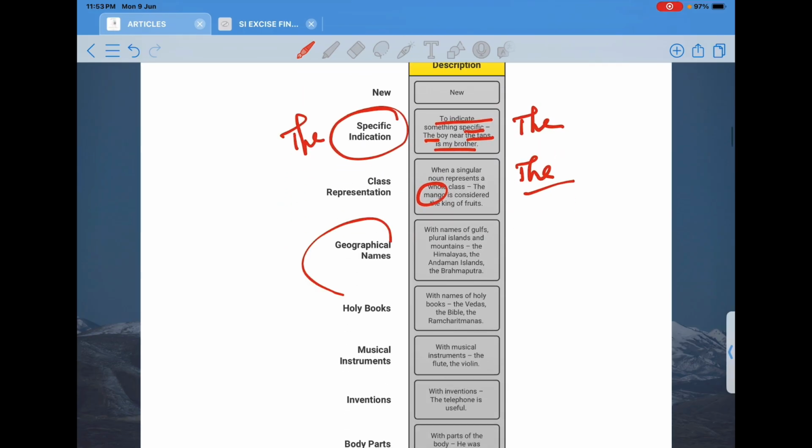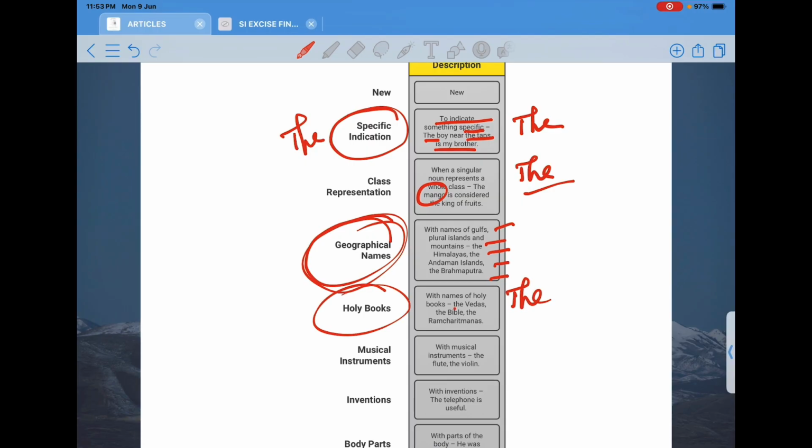Then geographical names, names of gulfs, rivers, mountains, islands, etc. Before any geographical name you will use "the". Next, holy books. Before names of holy books, you also use "the".